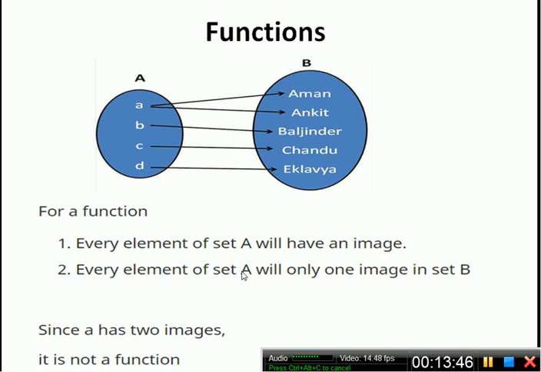Every element of set A should have only one image in set B. But from A we are getting two images. So the second condition is not satisfied. Since A has 2 images, it is not a function.